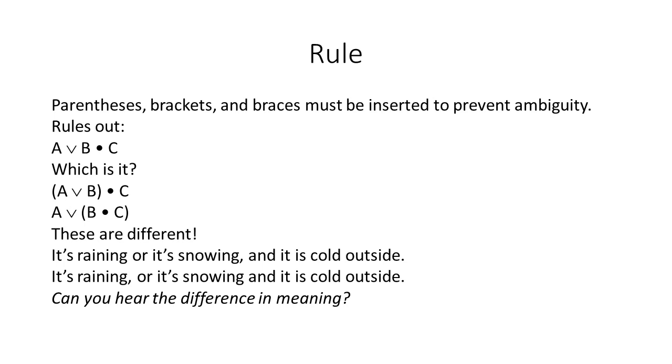It depends on what you're symbolizing. If you're symbolizing 'it's raining or it's snowing, and it's cold outside,' the first one, left parenthesis A wedge B right parenthesis dot C, is correct. But if you're symbolizing 'it's raining, or it's snowing and it's cold outside,' then A wedge left parenthesis B dot C right parenthesis is correct. So which one's correct depends on what you're symbolizing.